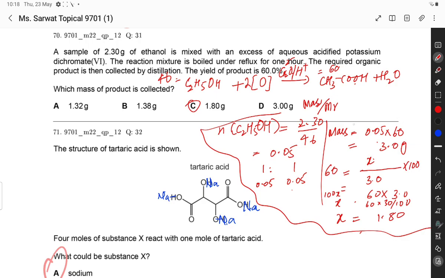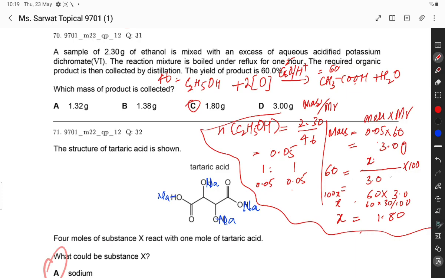By using this formula, mass is equal to mole times Mr. So mole is 0.05 times 60, that is 3 gram. And we know the yield of product is 60%. So we need to calculate the experimental mass, and this is the theoretical mass which I have calculated.